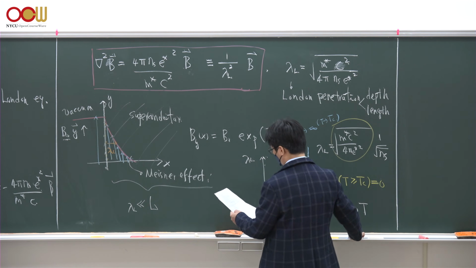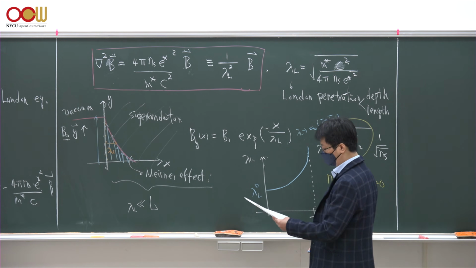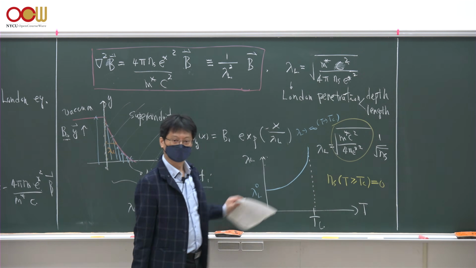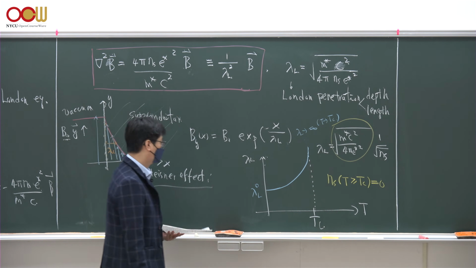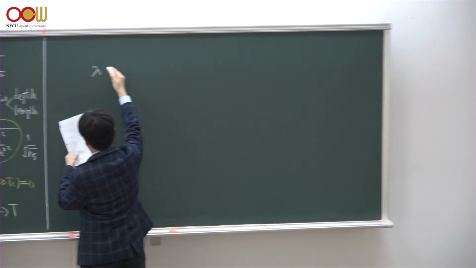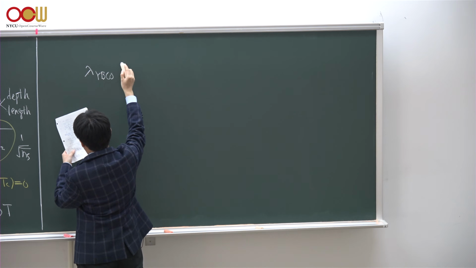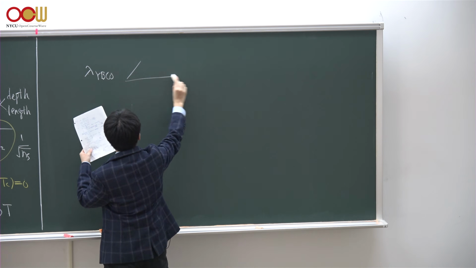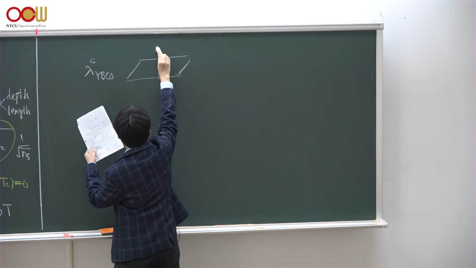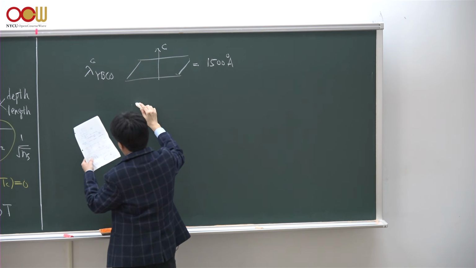In the zero temperature limit, you could extrapolate this lambda L0 to a finite value, but at finite temperature, it goes this way. And the magnitude of lambda L for different systems is listed here for, say, YBCO, the cuprate superconductors. The London penetration depth along the c-axis is usually different from that in the ab plane.